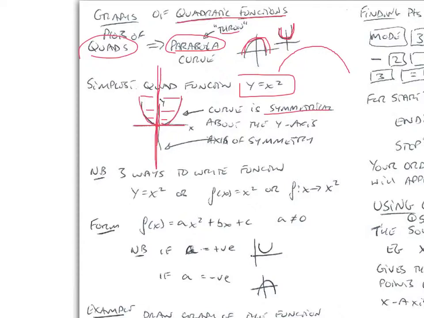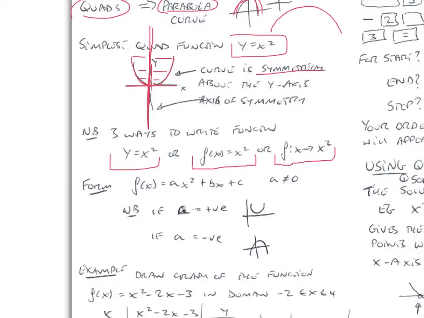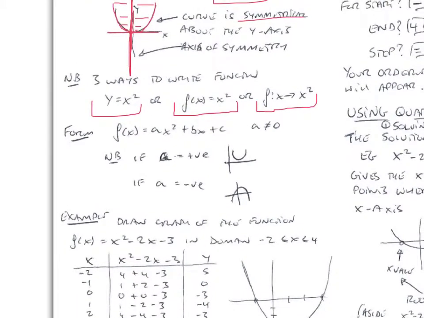Okay. There's three ways to write a function. We know this from before. We can say y equals x squared, or f of x equals x squared, or f colon x maps on to x squared. Okay, so just remember that from before. There's three ways we can notate a function. And the form of quadratic functions is ax squared plus bx plus c. Okay, that's what they look like.